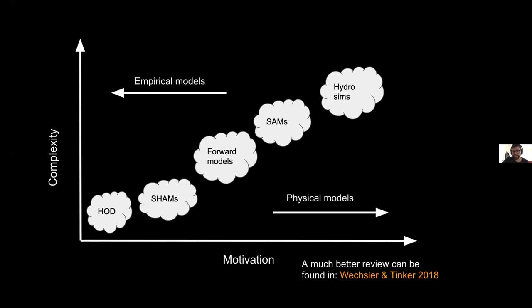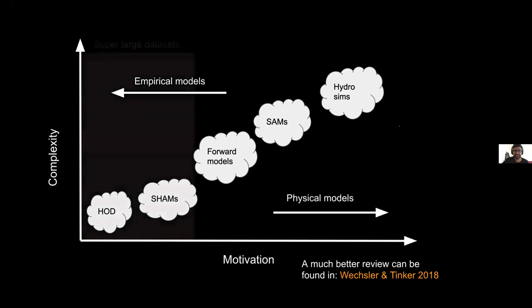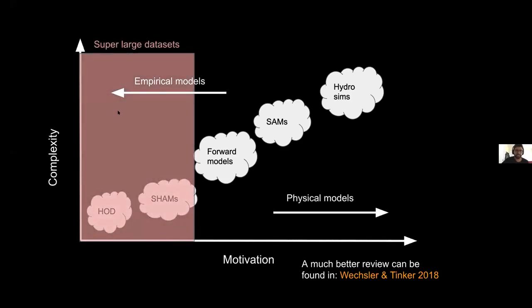Each of these models has its own advantages and disadvantages, and they come into their own under different circumstances. For example, the regime of the empirical models is perhaps more in the case of using very large data sets, where you're trying to mock up a survey with gigaparsec size simulations where hydrosims are complex.